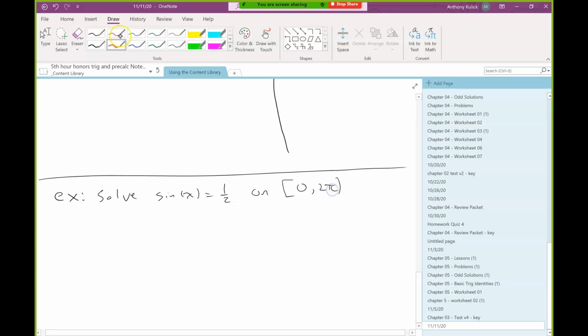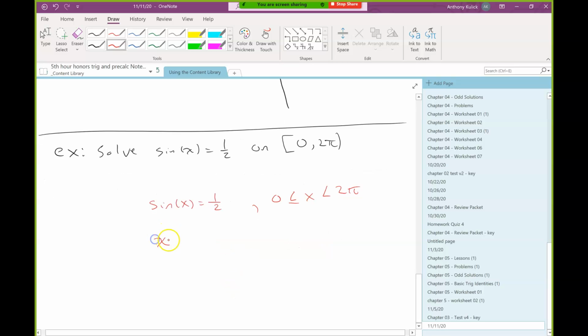So if I wanted to solve that sine of x is equal to 1/2 on the interval from 0 to 2 pi, that's equivalent to saying I want to find the value for x where x is between 0 and 2 pi, like as an inequality, like it looked last section.